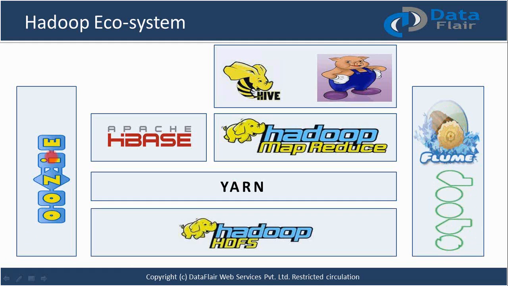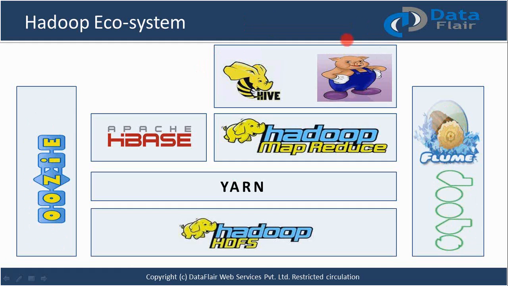And for the workflow, we have Oozie. Oozie is the workflow manager. We can create our complete workflow using Oozie. So, guys, this is the complete Hadoop ecosystem, the complete Hadoop family. There is a component for each and every field. For analysts and SQL lovers, you can use Hive.